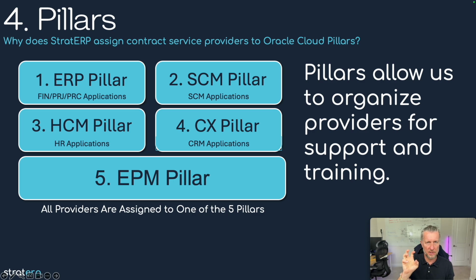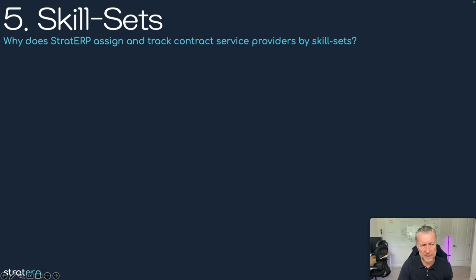And so we would put you in that world or in what they call the ERP pillar. If you're in supply chain, you'd be in SCM, which stands for supply chain and manufacturing. And then the pillar really is just a fancy way to say we're using that construct so that we can group like resources, and then it's pretty obvious that it's easier to support, to link these ASPs to this MP or managing provider because they're all doing the same type of thing. And the same thing holds with technologies.